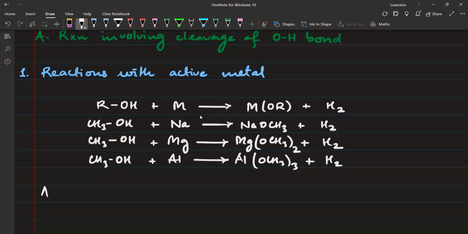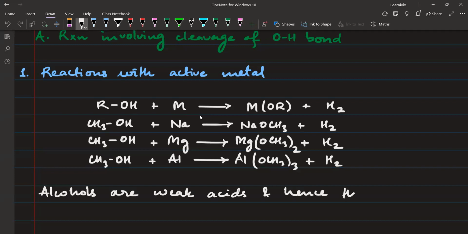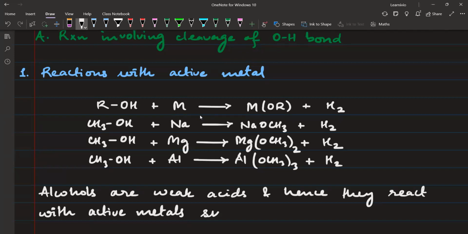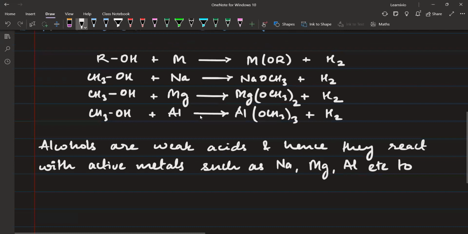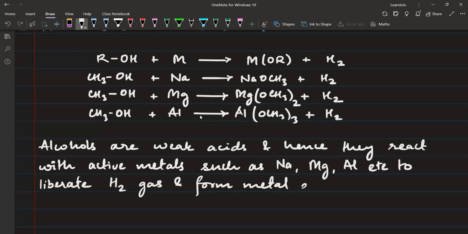So you can write a statement here: alcohols are weak acids and hence they react with active metals such as sodium, magnesium, aluminium, etc. to liberate H2 gas and form metal alkoxide. जैसे सोडियम के साथ रिएक्ट कर रहा है, same reaction can be shown by potassium also, मैग्नीशियम की तरह कैल्शियम के साथ भी, ठीक है.